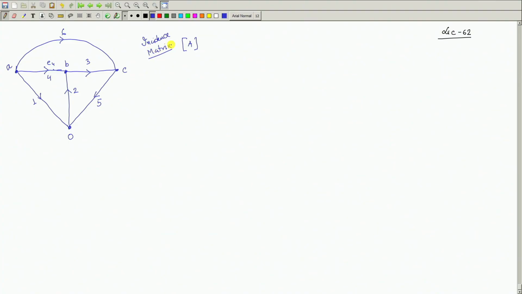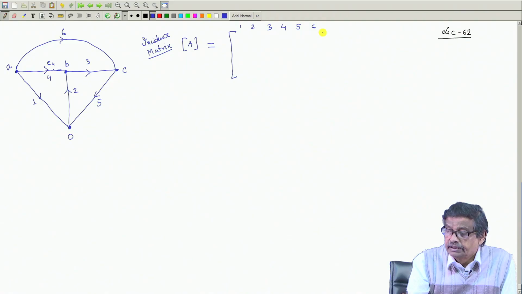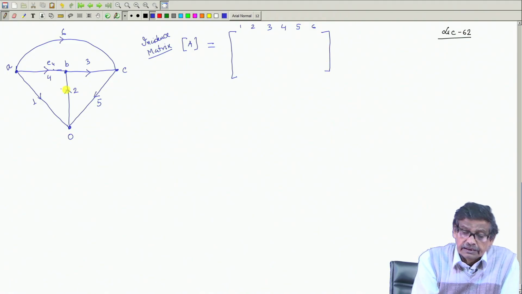The incidence matrix can be easily constructed by going to each node and writing down the +1 or -1 for branches 5, 6 like this. For example, go to node A, node B. These are the 3 rows.